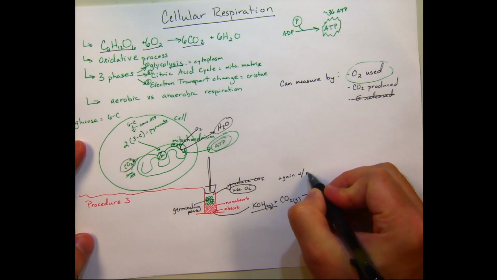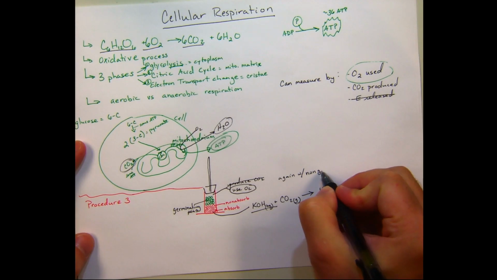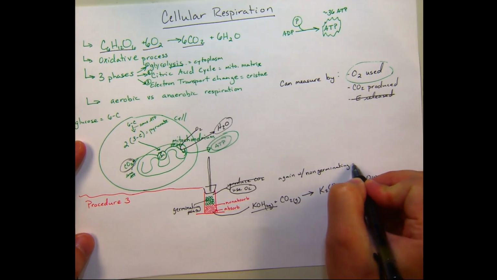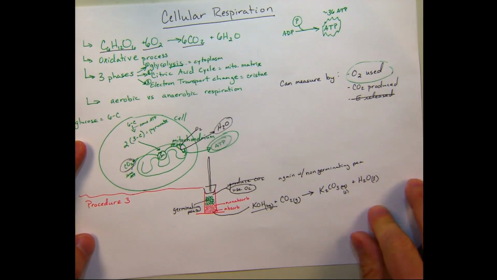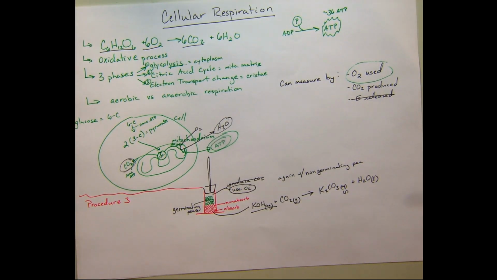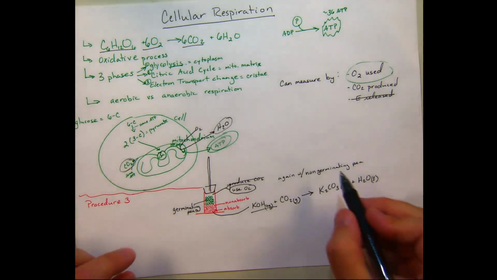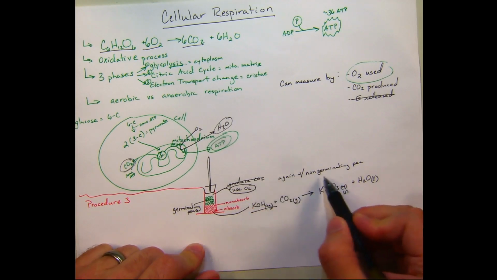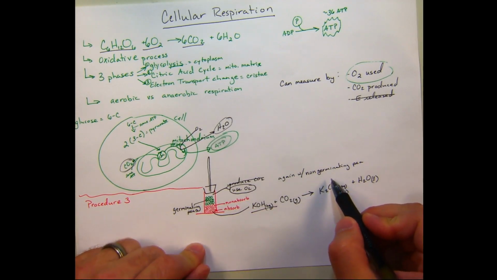with non-germinating peas, which are dry and have not been soaking. But you want to make sure you have the same volume. If this was 30 milliliters of peas, then you want to make sure you have 30 milliliters of non-germinating peas.